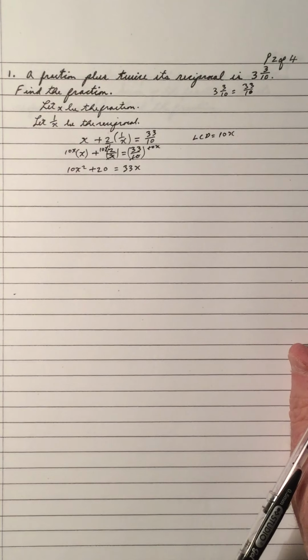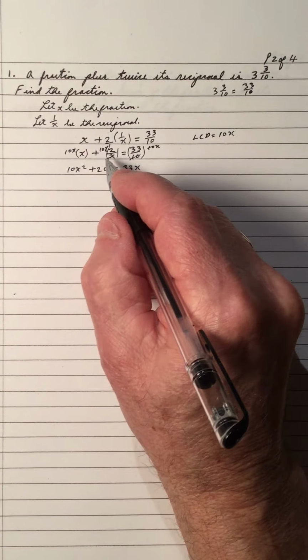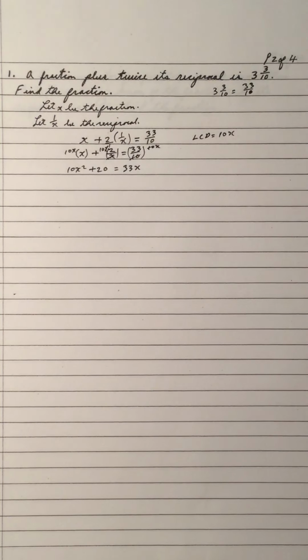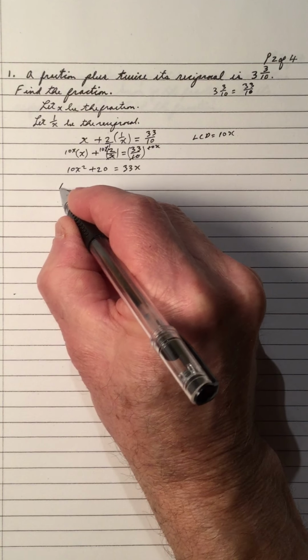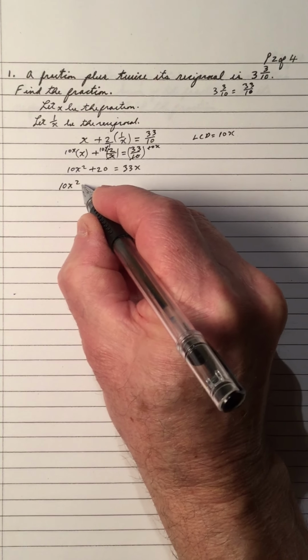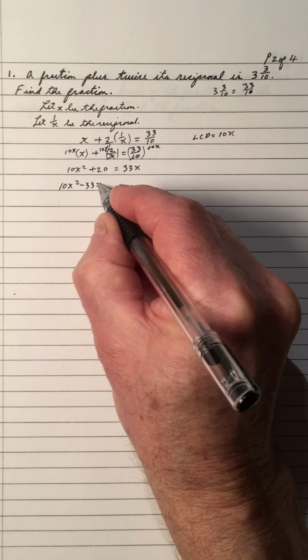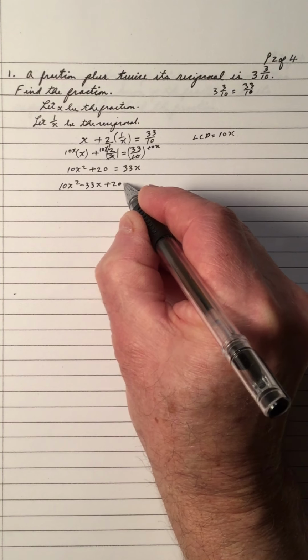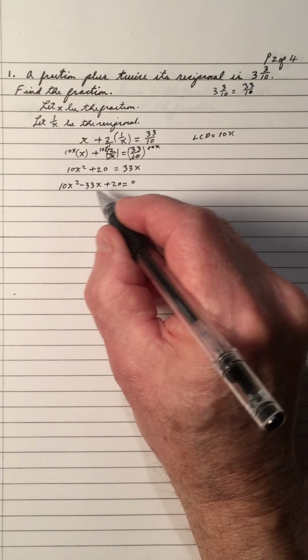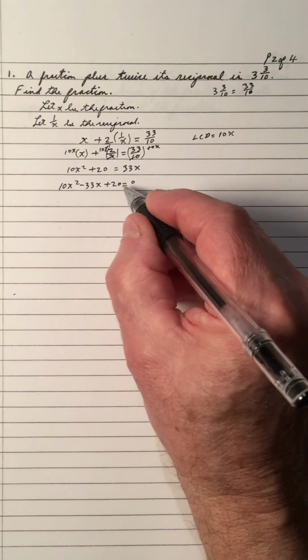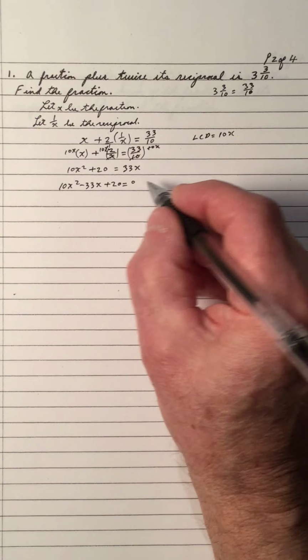So when I have an equation with fractions, multiplying every term by the LCD will cancel out the fractions. And because I have a quadratic, 10x squared minus 33x plus 20 equals 0.